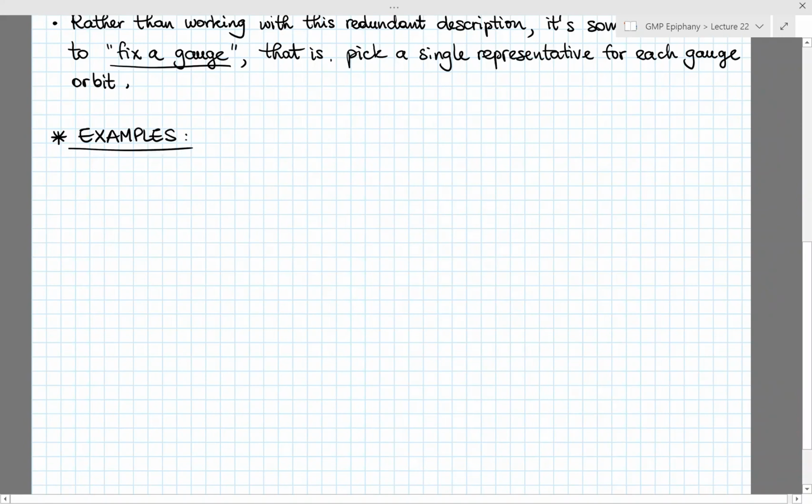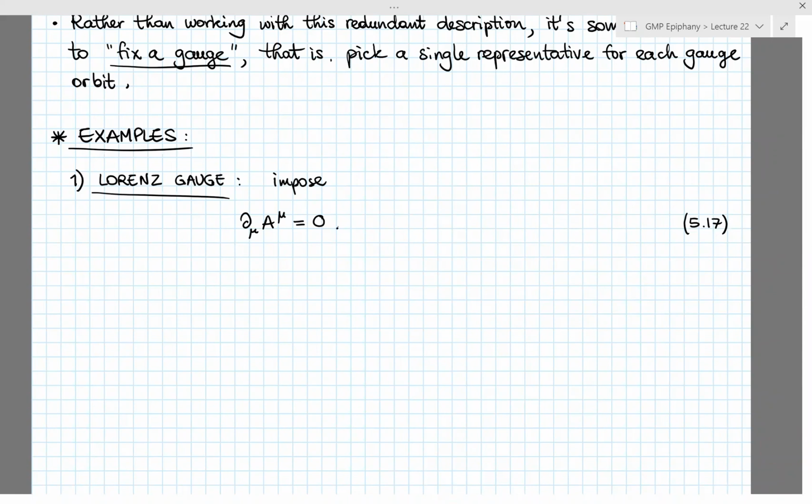The first example of a gauge fixing is the so-called Lorentz gauge, in which we impose the constraint that A mu as a four-vector is divergence free. And this can always be achieved.